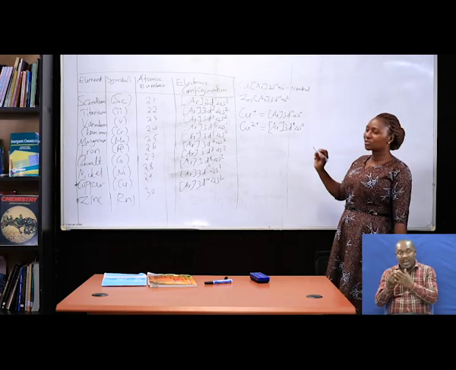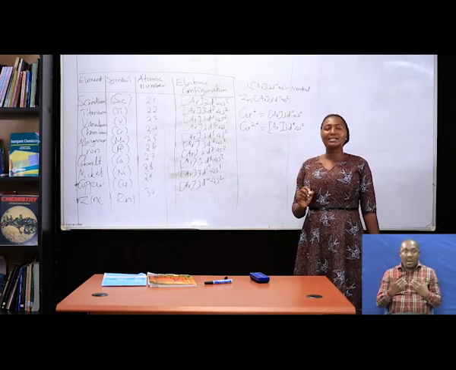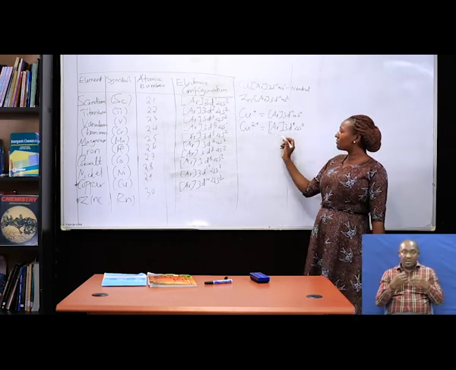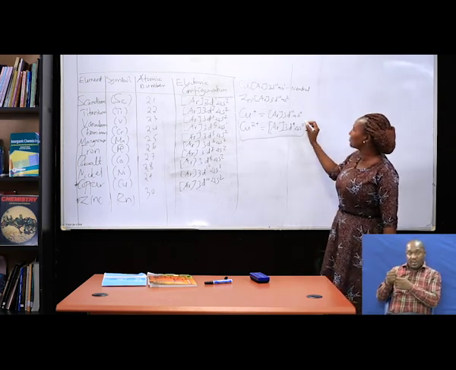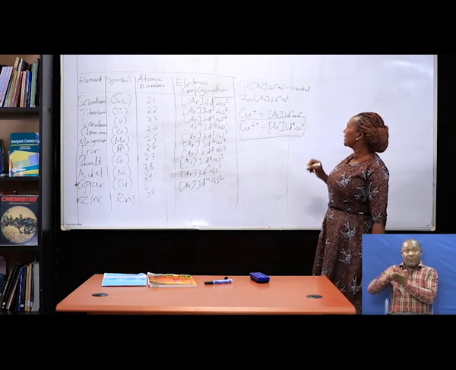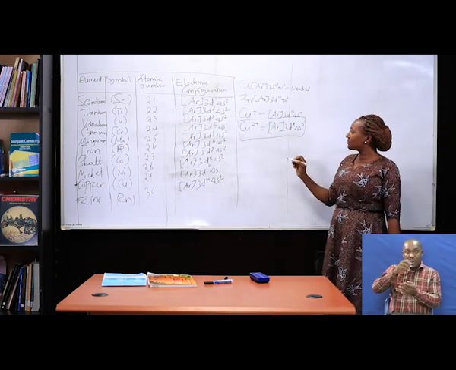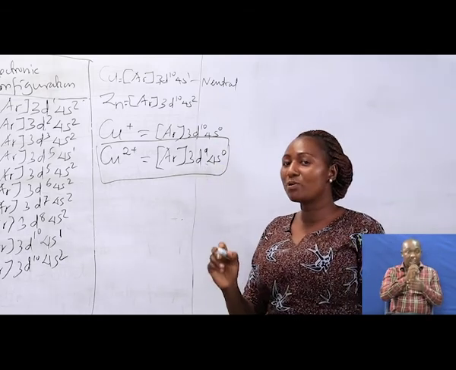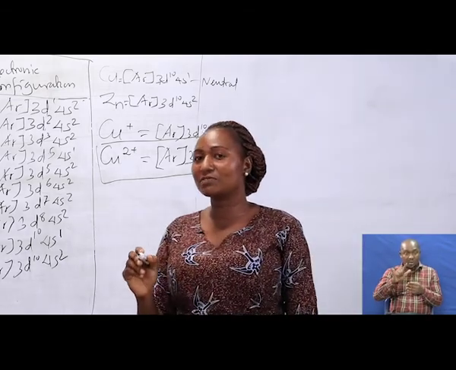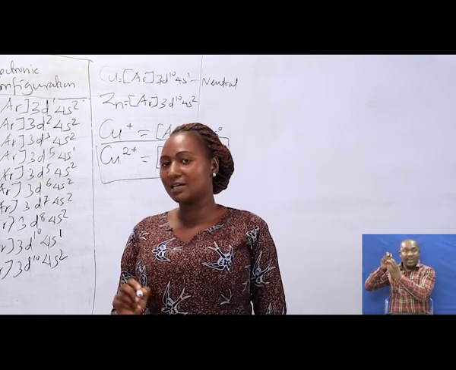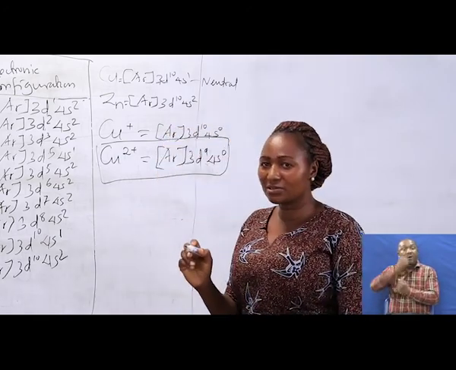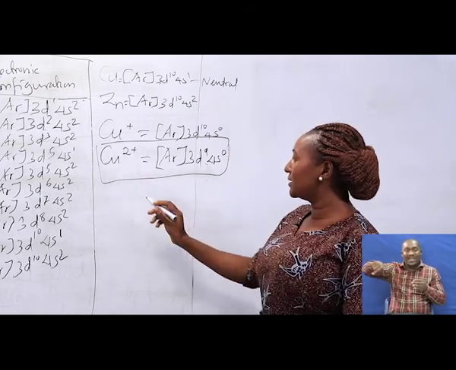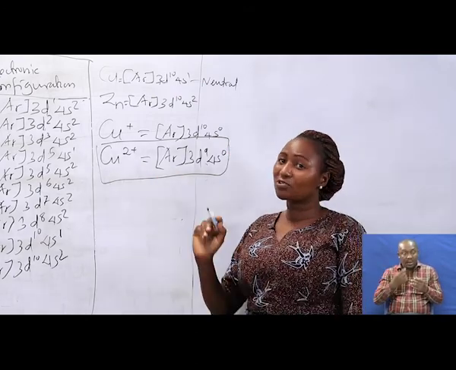Now the d orbital contains 9 electrons, which qualifies under the definition of a transition element. Therefore, we can conclude that copper is a transition element by looking at the electronic configuration of copper 2.